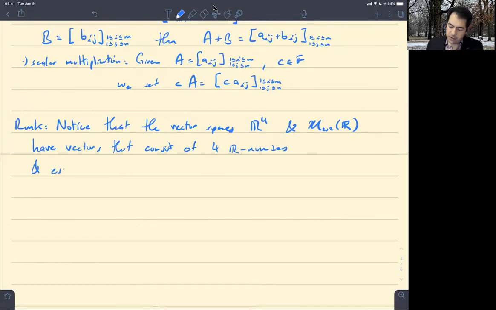And essentially the same vector space operations.